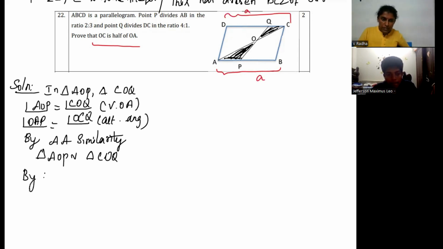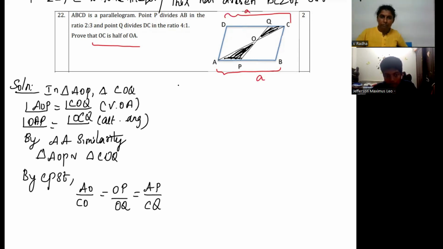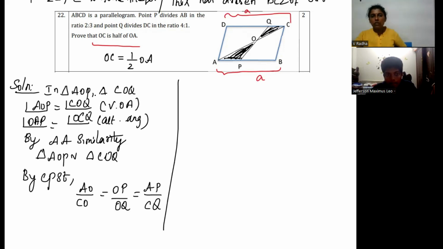By CPST, AO by CO, OP by OQ, AP by CQ. Okay? But we have to prove OC is half of OA. For proving that, we have to use these two hints.